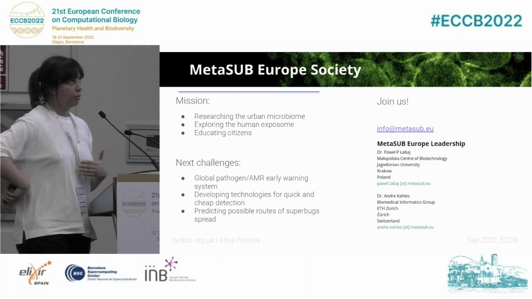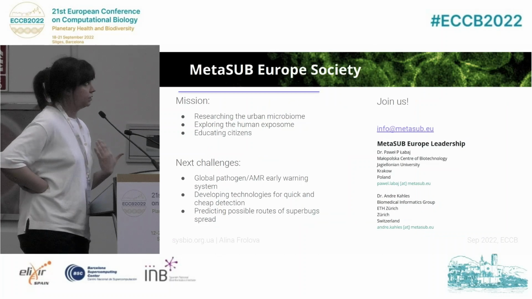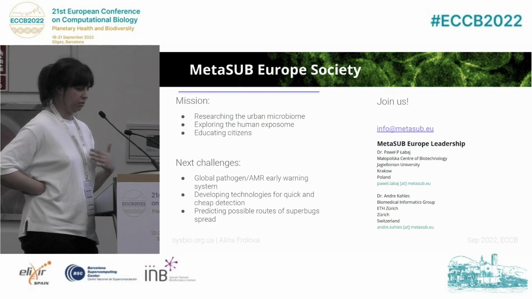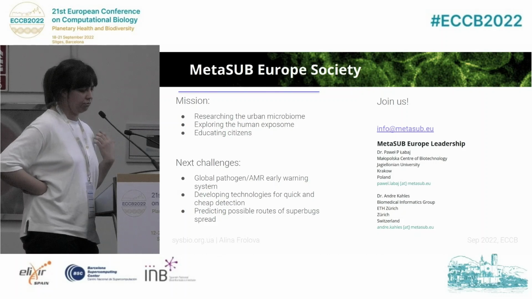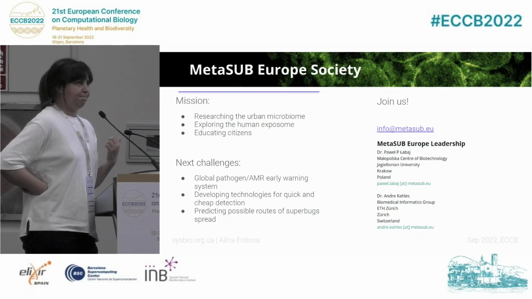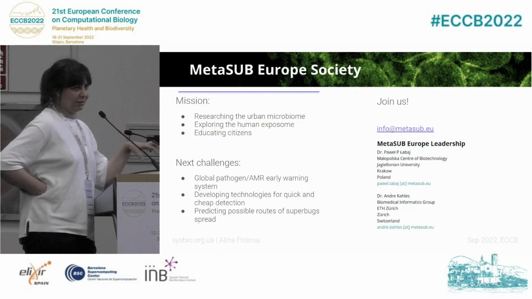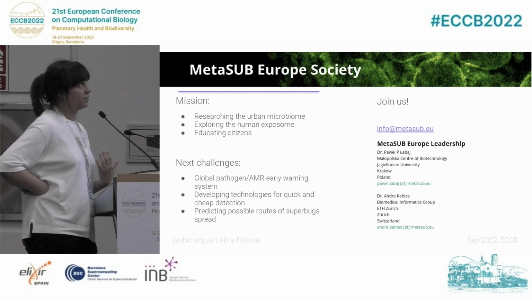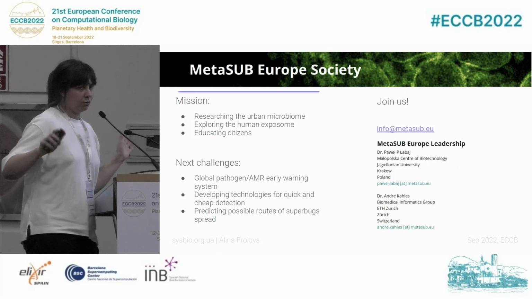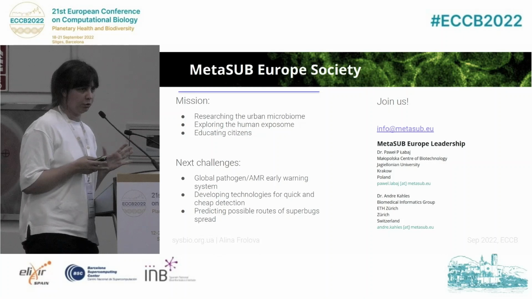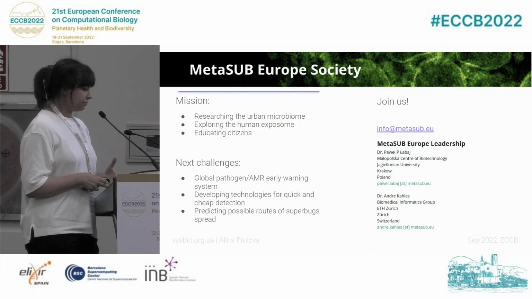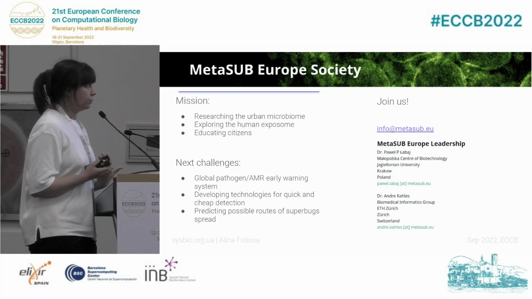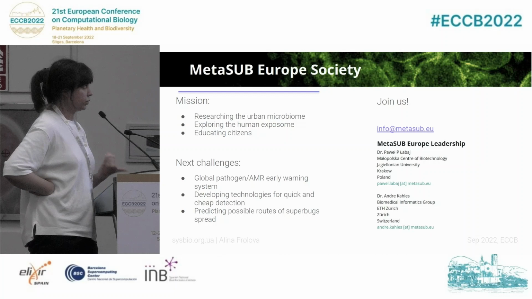We didn't stop on that, and recently we created the MetaSUB Europe Society because we are constantly growing and it's really hard to operate. We kind of need several logistics hubs, because currently we are sending all the samples to one place because we want to omit a technical bias, but it's really hard because of the amount of samples we need to process.